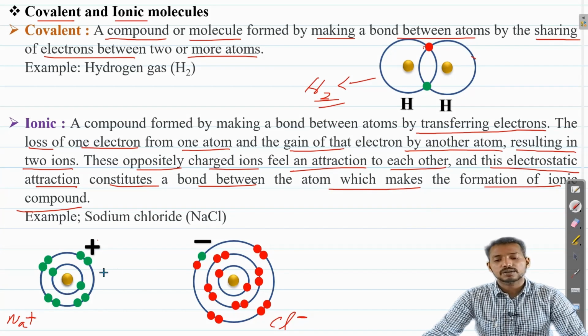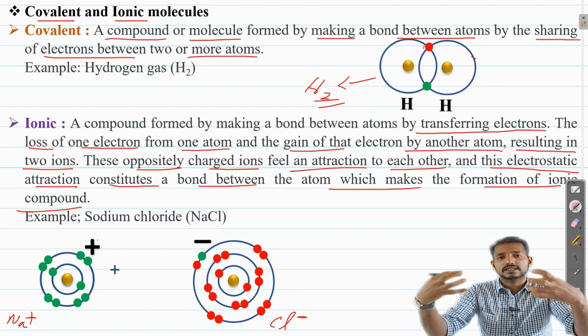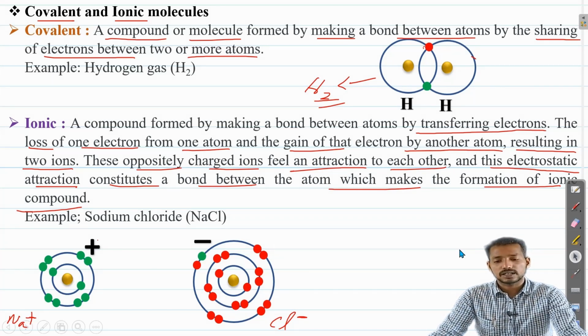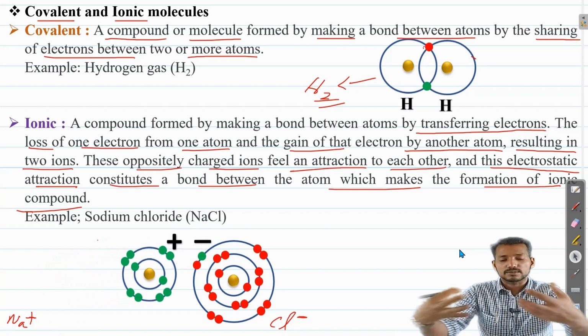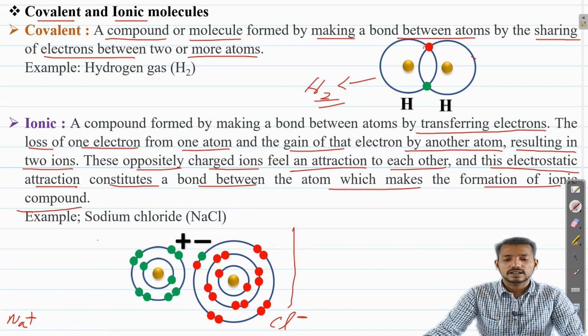As these become ions, that means charged species, there will be an electrostatic force of attraction, because we know that charged species are attracted by an electrostatic force. Because of that, these atoms are attracted by this electrostatic force, make a bond, and form a single molecule.